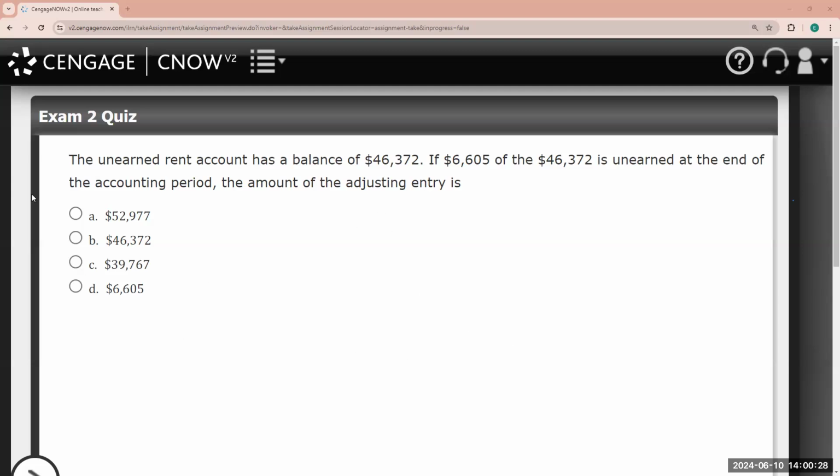So in order for us to determine, we need to consider our beginning balance minus our remaining unearned rent.